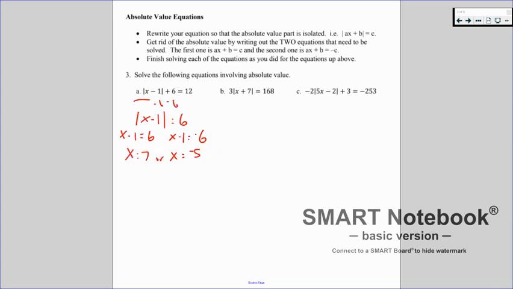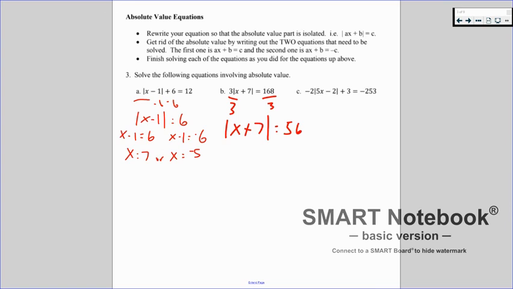There's a 3 on the outside that's being multiplied. So my first step here is going to be to divide by 3. So now I get the absolute value of x plus 7 equals, punch that in the calculator, I get a 56. And at this point, I need to undo the absolute value.